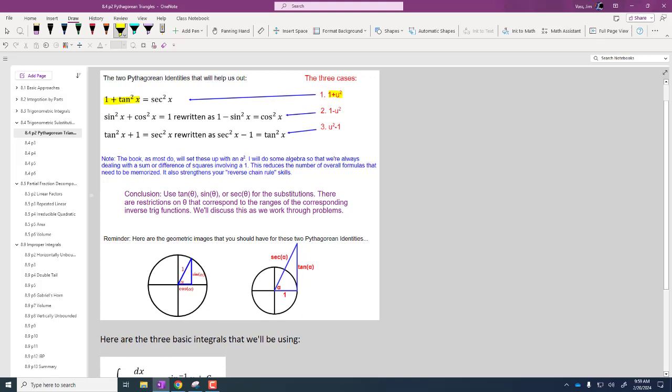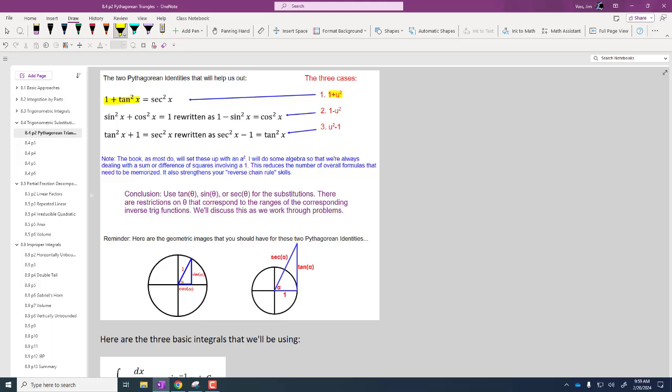So if I told you that u is equal to tangent, what would 1 plus u squared be equal to? Secant squared, right? If u was tangent of x, then 1 plus tangent squared would be secant squared.